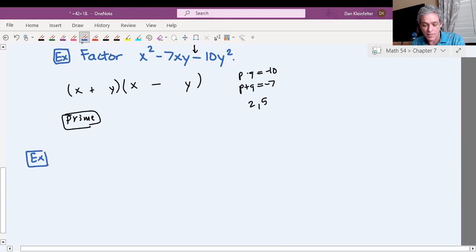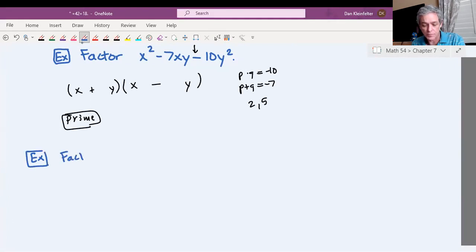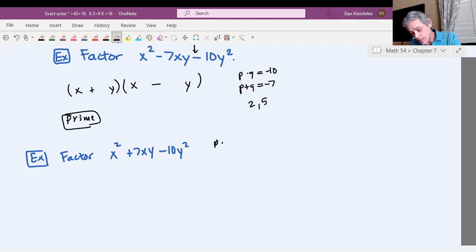How can you do that? Well, do you think it would have factored if we would have had plus 7xy minus 10y squared? All right, so here we need numbers that multiply to negative 10, but add up to positive 7. So that's still not going to help, right? Because we need numbers that multiply to negative 10 and add up to be positive 7.